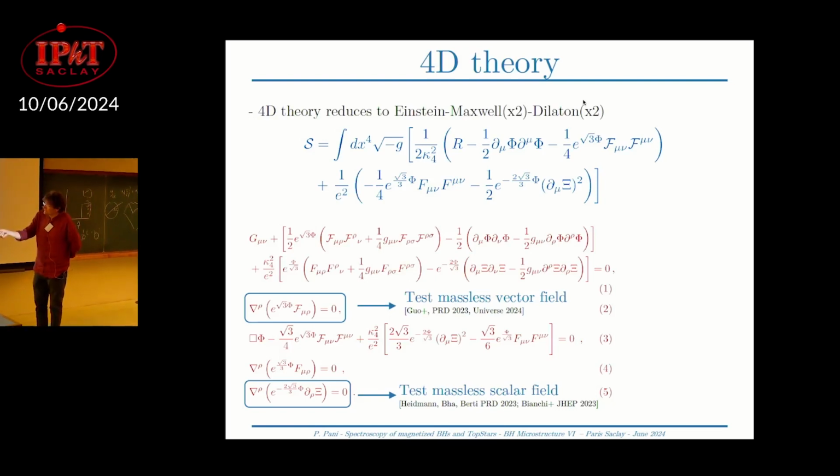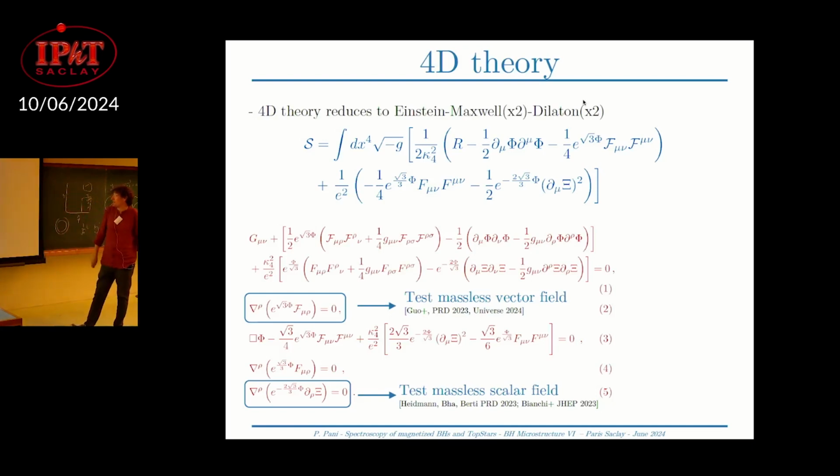So this equation here, upon a redefinition of your scalar, is just the massless Klein-Gordon equation on this geometry. And this was studied in a paper by Pierre and collaborators, and also by Massimo Bianchi and collaborators. So I will not discuss this further, but it's essentially part of the full perturbation sector, one with a test scalar field.